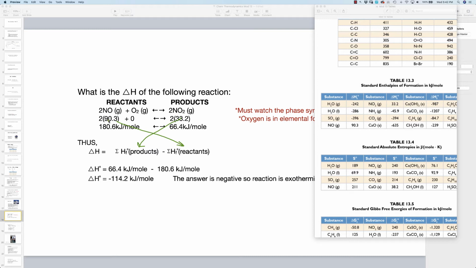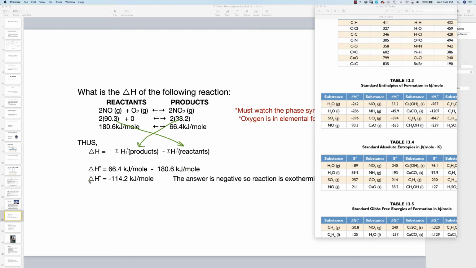But just like before, you multiply these numbers together and put them in this equation. In this particular situation, we have 66.4 kilojoules per mole in the product that comes over here, and 180.6 kilojoules per mole in the reactants that comes over here.